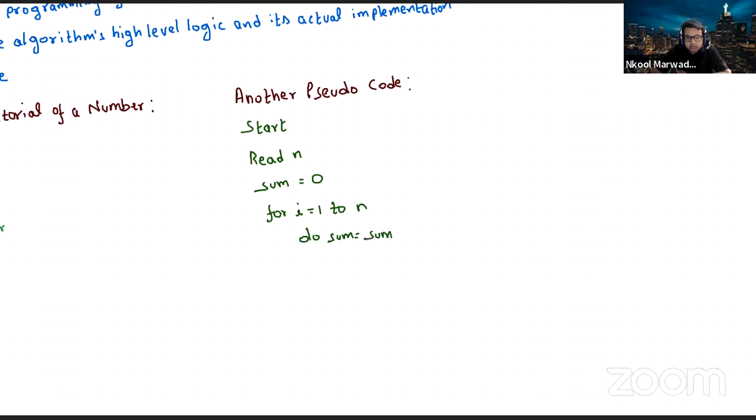Sum is equal to sum plus something. And four. Display sum. Stop.